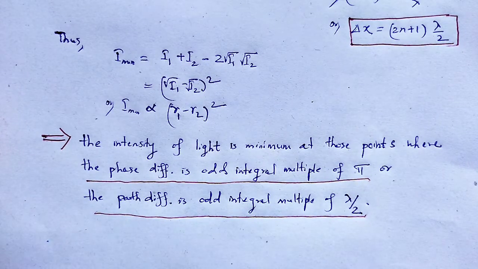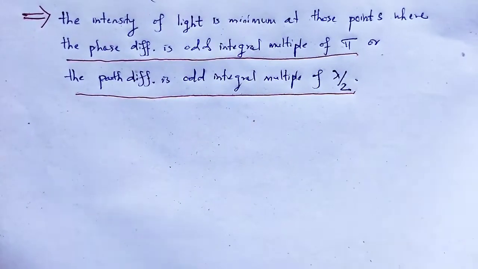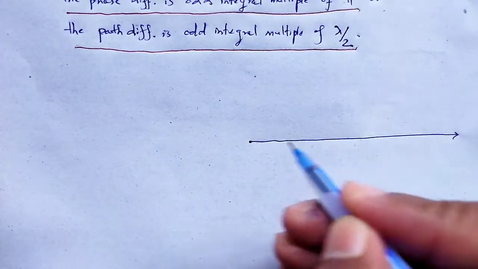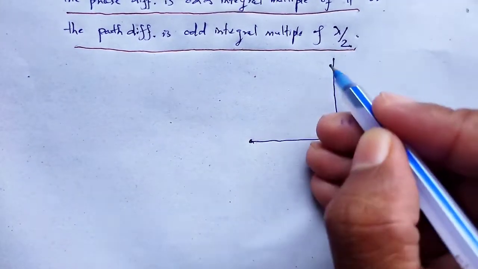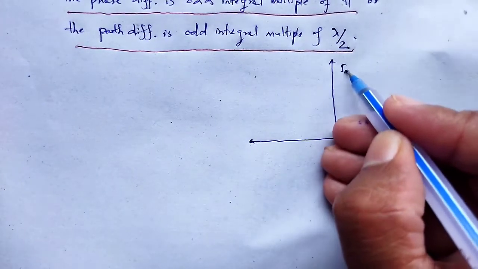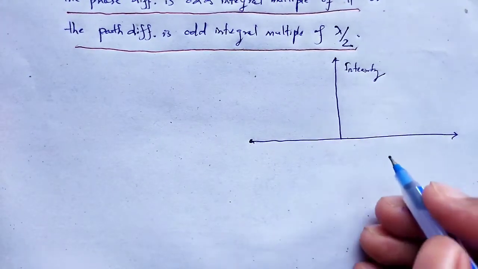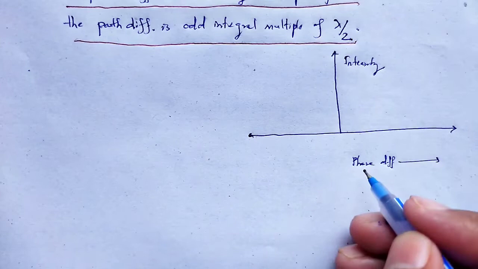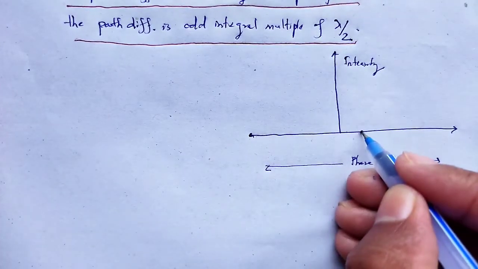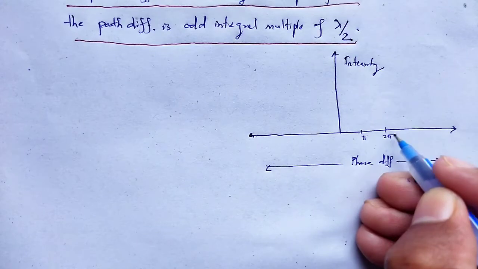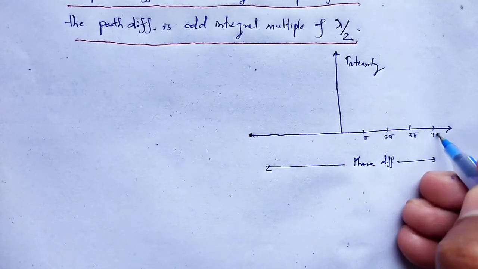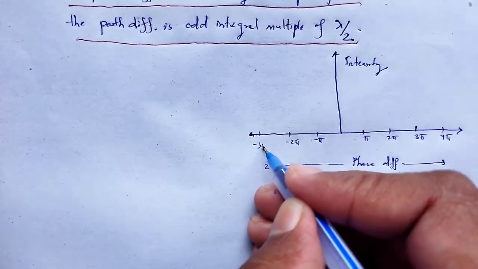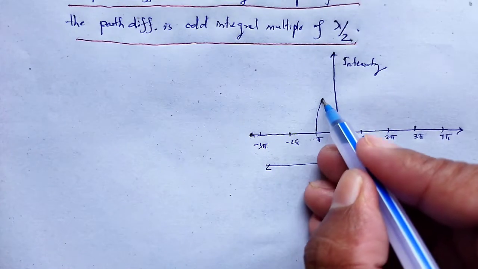If we draw a graph between the intensity and the phase difference, with phases like π, 2π, 3π, 4π and so on, −π, −2π, −3π, it looks like this.